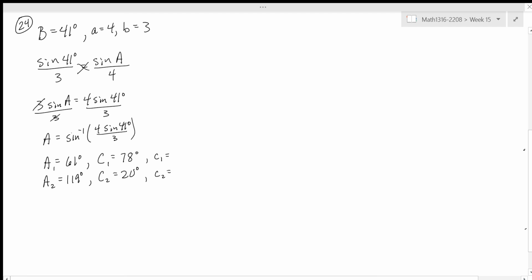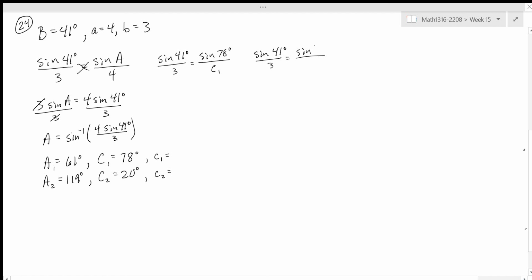Let's see if we can do that. All right, so remember I said it's good to recycle. So the 41 and 3 we're going to recycle. We're going to use sine of 78 to get little c1. And then we're going to have to set it up again.